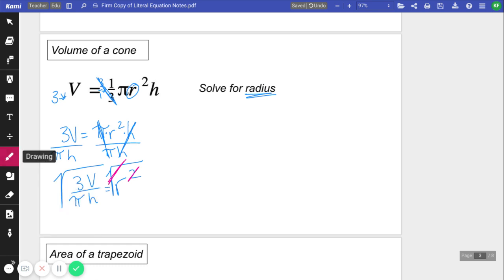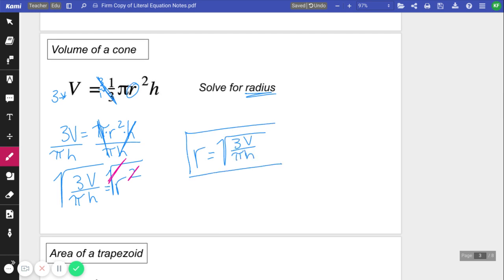And I don't need to do anything else to pretty that up at all. I'm just going to say the radius r equals the square root of 3v over pi h. And that's it. So you're going to notice we don't really get pretty answers. They might look kind of like a hot mess, but the good thing is if it looks like that, that probably means we accomplished our goal.